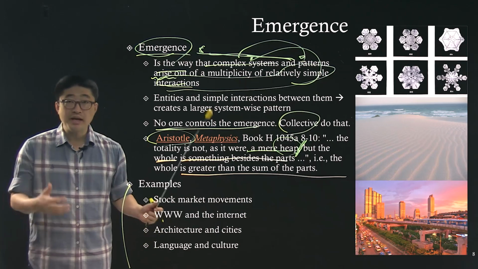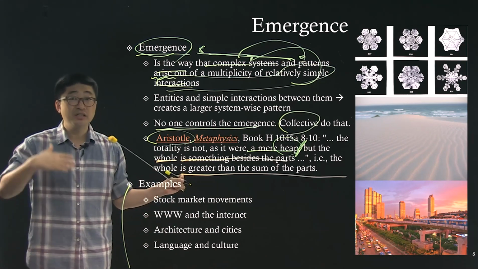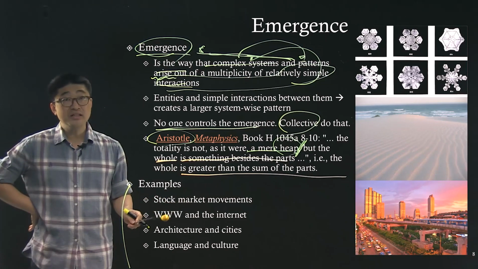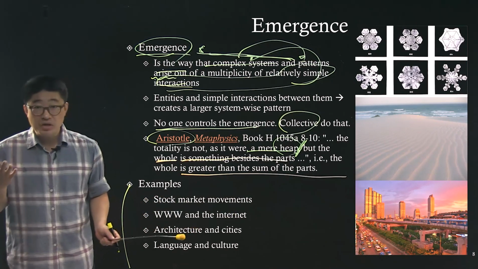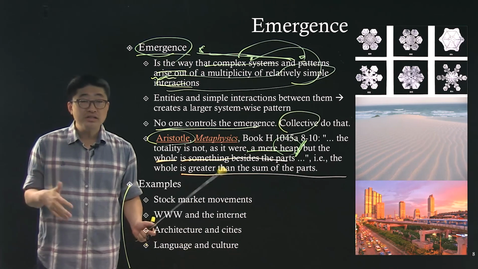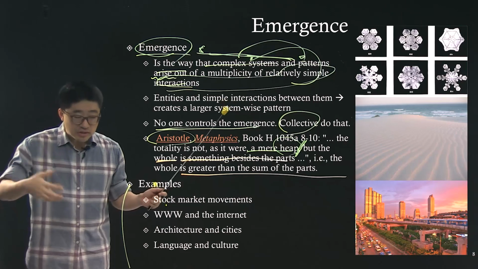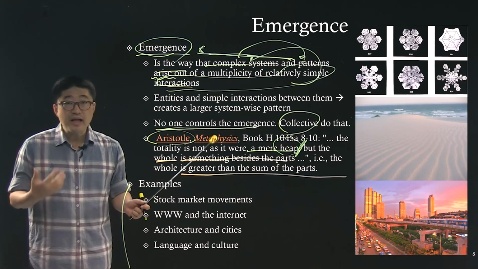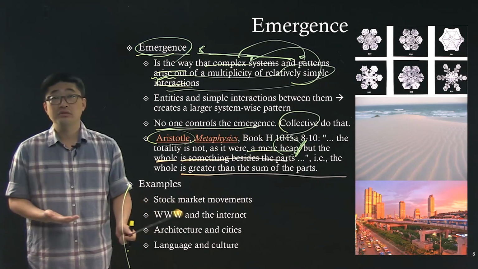The World Wide Web and its linkages, the URL links connecting to each other, that is also emergence. Architecture and cities, even our language and culture are emergence, from the interactions within our population, and those emergences result in our own language and culture.